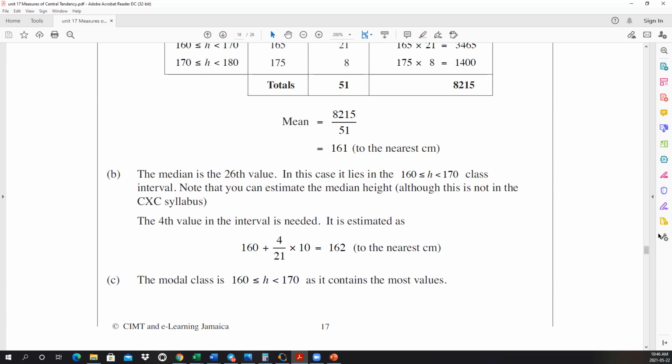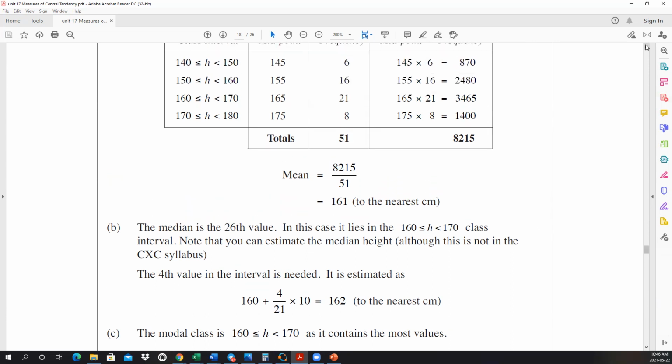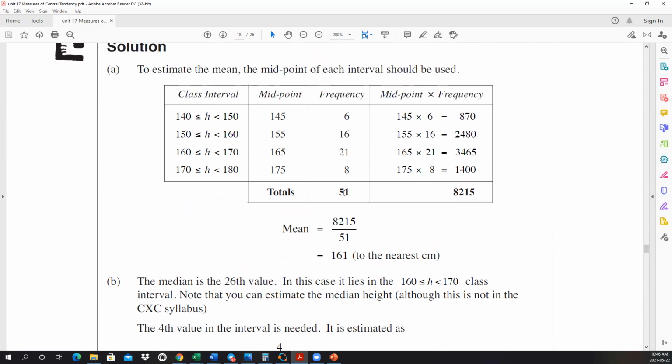Now, how do they get that? That is the question, right? So if you look, you have 51 as the total frequency. So in a sense, you have 51 points of data, right? And you basically say, okay, 6 of them are in this class, which the midpoint is a good representation of, right? 145 appears 6 times.